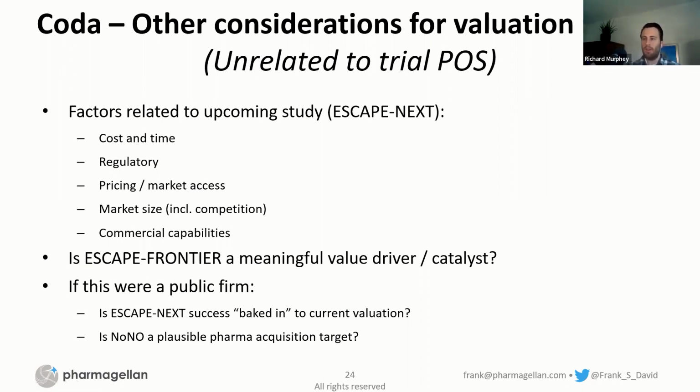I think your point about if this is a public firm, then if it's a big phase 3 like this, it's probably a lead asset. Maybe it's not the only asset, but this is probably going to be something that comprises a large bulk of the public valuation. And with that information, you can assess, based on what you know about the market, what the probability of success might be. And there are questions about how this is going to fit into standard of care and things like that.